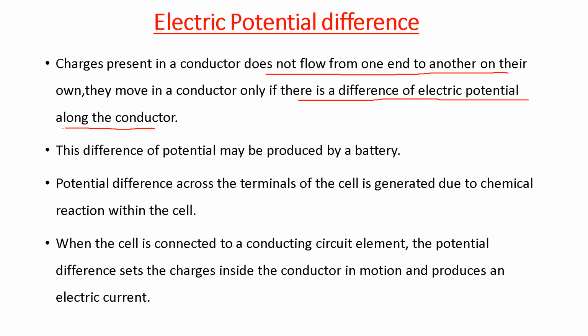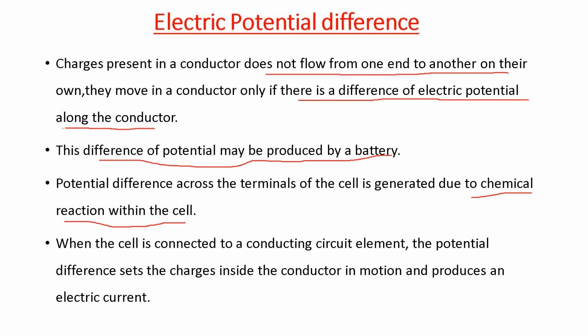So we can say that the difference of potential is produced by the battery, and it actually takes place due to the chemical reaction inside the battery or the cell. As we have heard, sulfuric acid is used in lead acid batteries, which are used in cars and even in inverters.